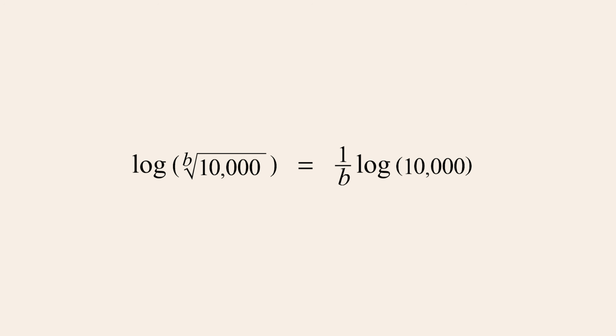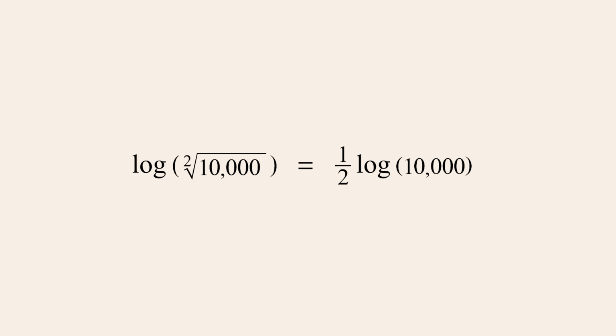A related rule says that the log of the b root of a is equal to 1 over b times the log of a. To test this rule, we will give a value of 10,000 and b a value of 2.